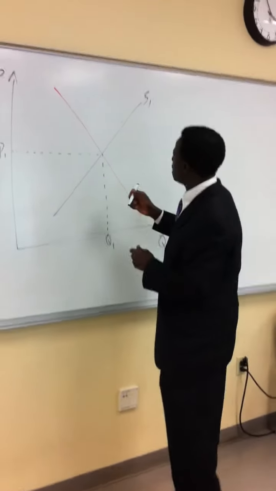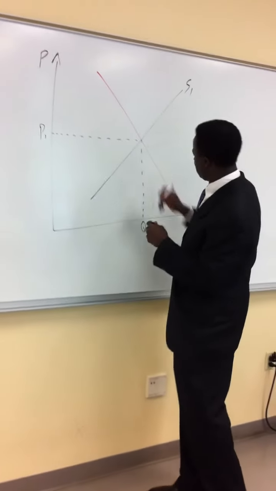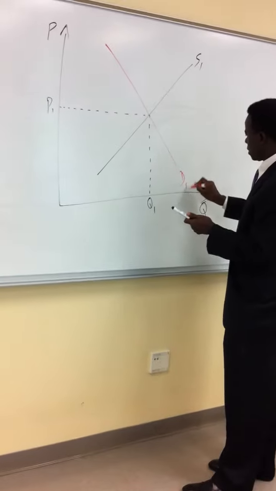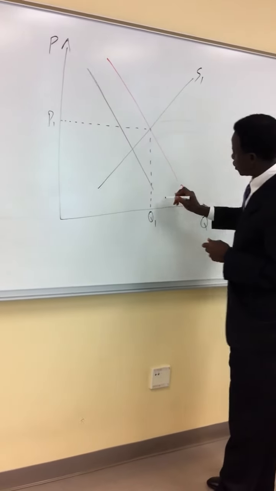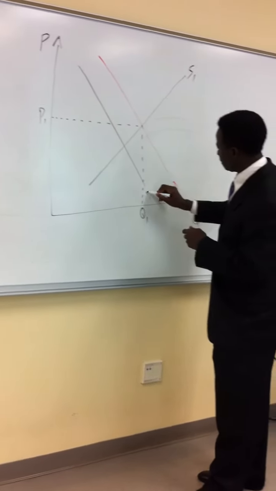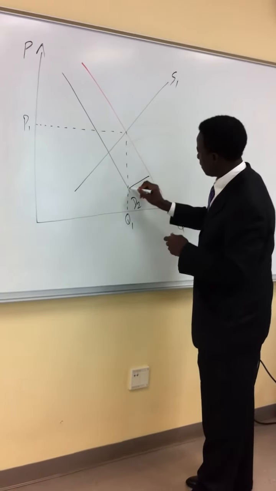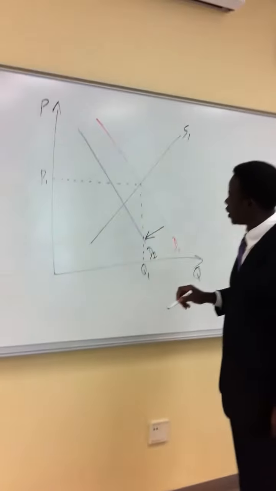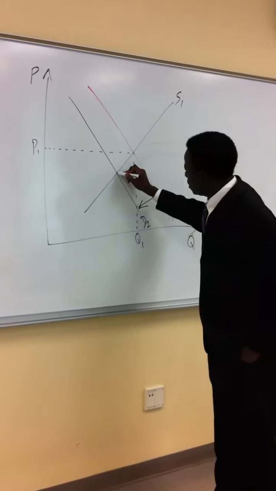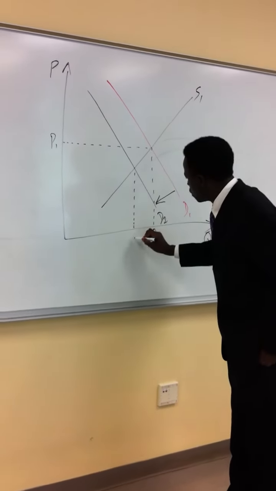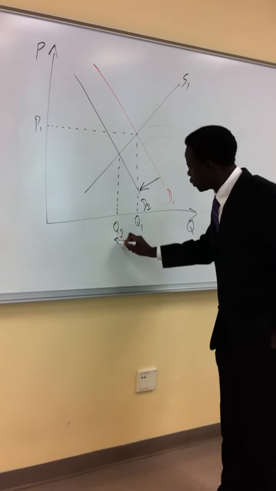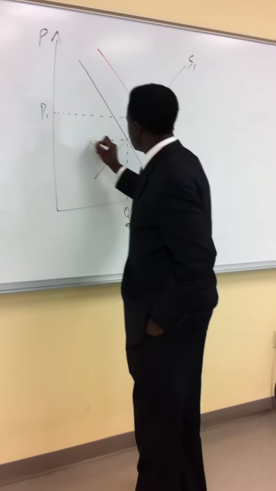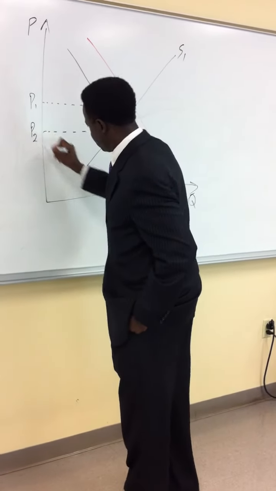So in this case, the demand curve will now shift. Because of that, the demand curve will be lower here because the market system is indicating an under-allocation of resources. So this will be the output the market will produce. The market will produce Q2 instead of Q1, at a price of P2.